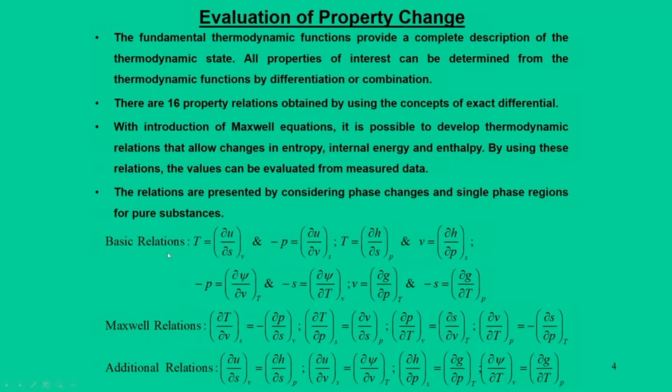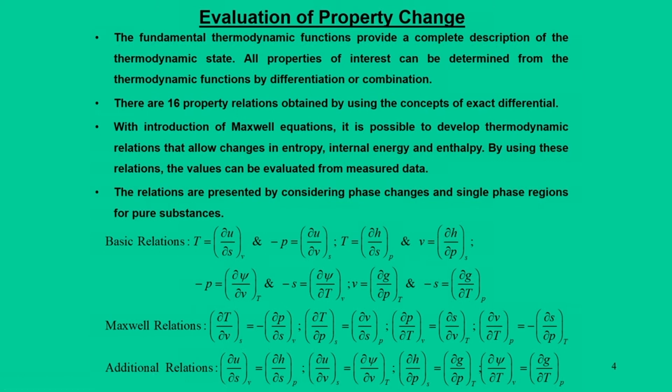So, in total there are 16 relations, and to summarize these 16 relations, pressure, temperature and specific volume or density are the measured data, and properties that need to be evaluated are internal energy, enthalpy, entropy, and of course the Gibbs function G and Helmholtz function. In fact, with these basic relations we additionally have Maxwell relations and some other relations as well.